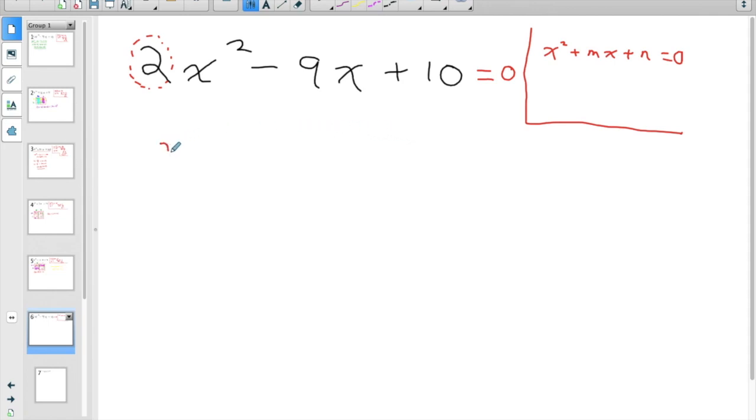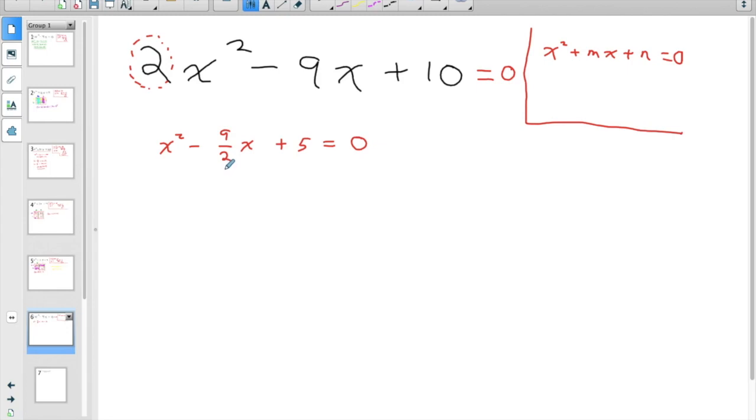So x squared minus 9 halves x plus 5 is 0. Now we need to work on this part here.